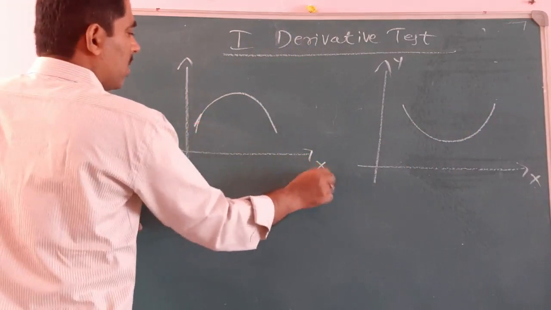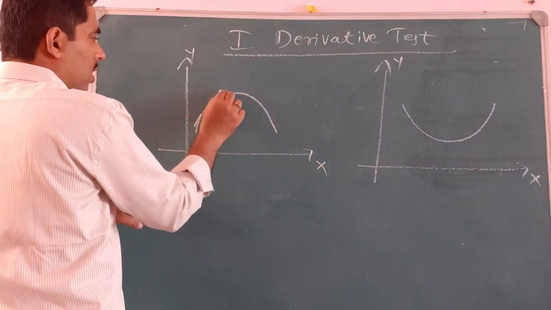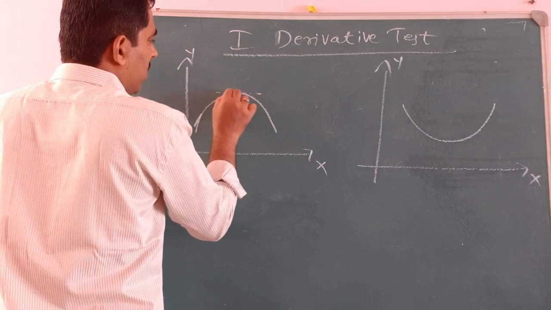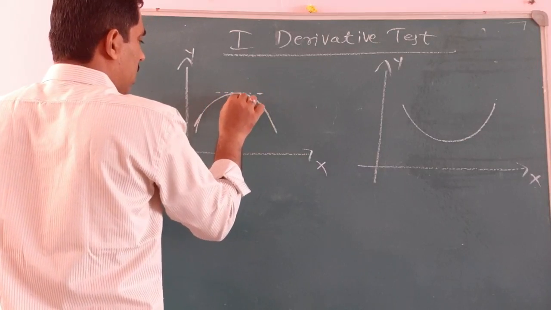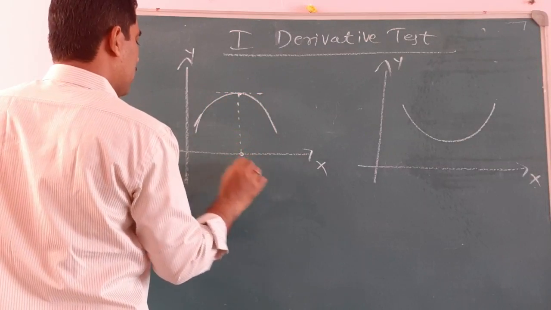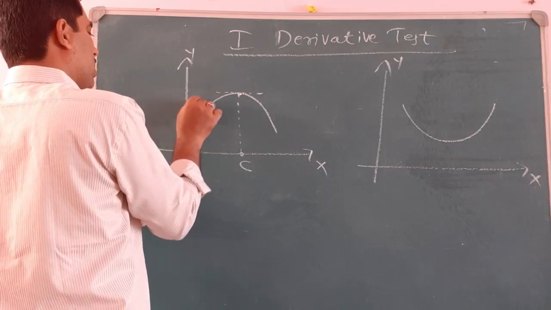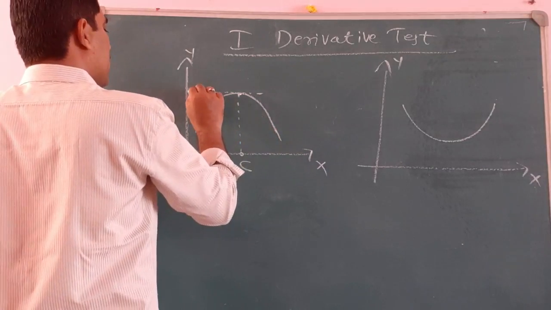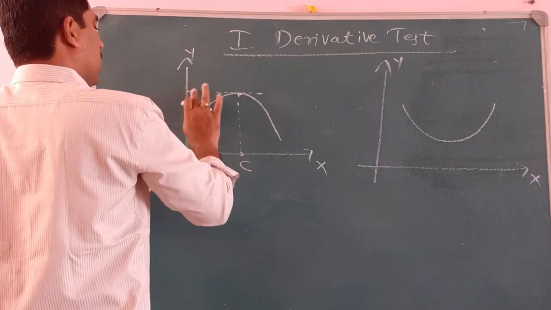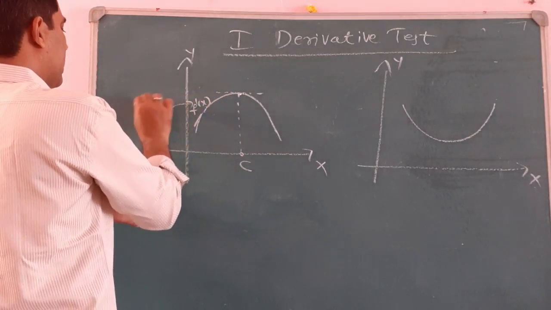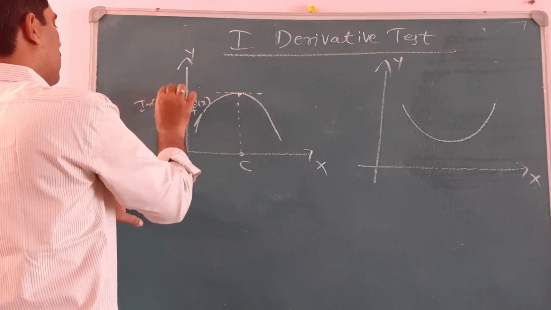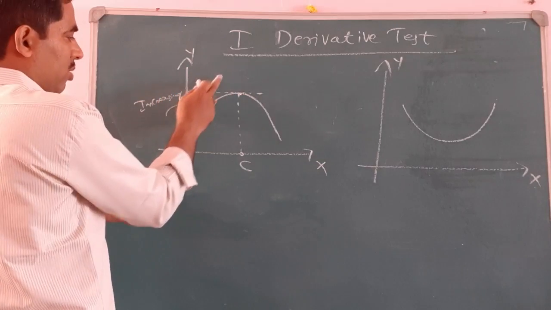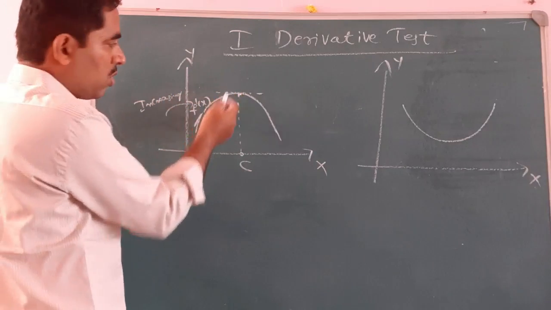at this point the slope of the tangent is 0. Say this one is c. This is the slope of the tangent, f dash x. Here it is increasing, positive slope.